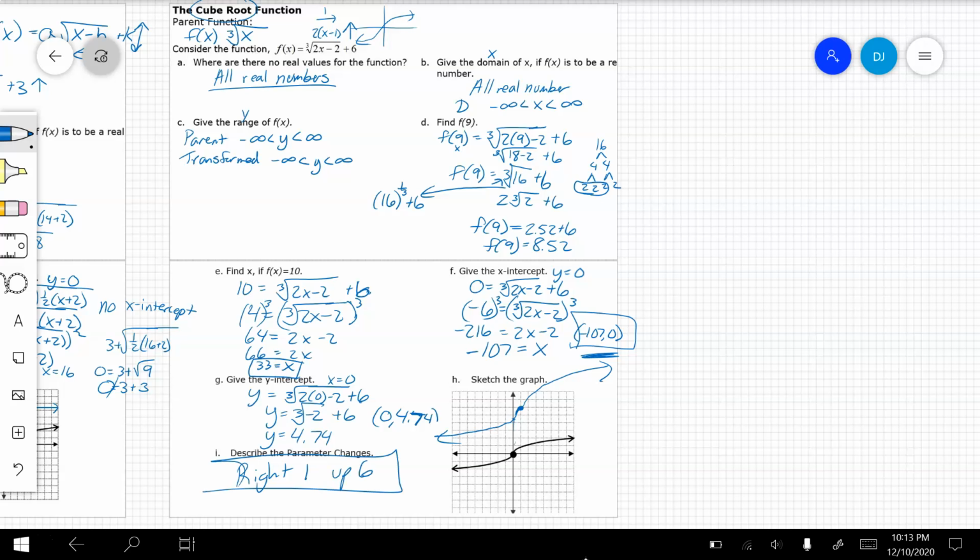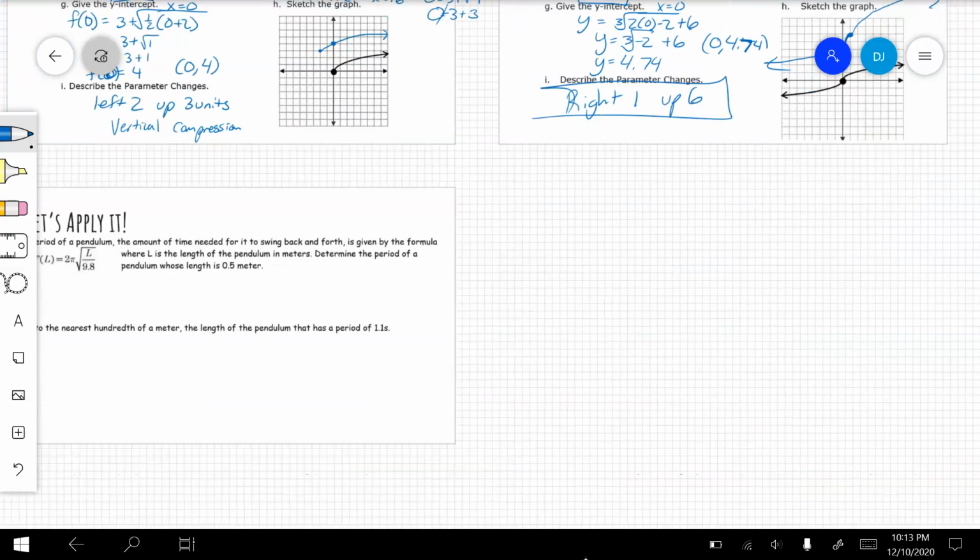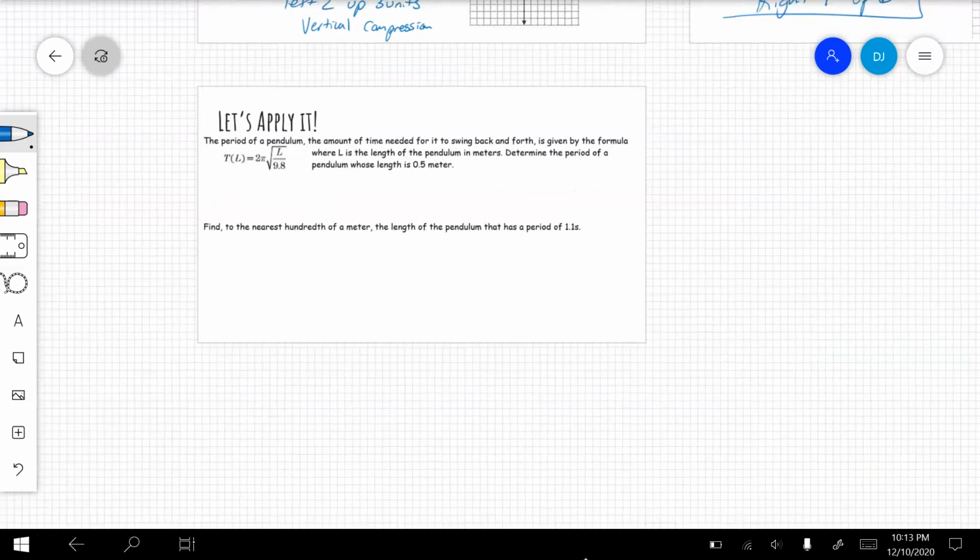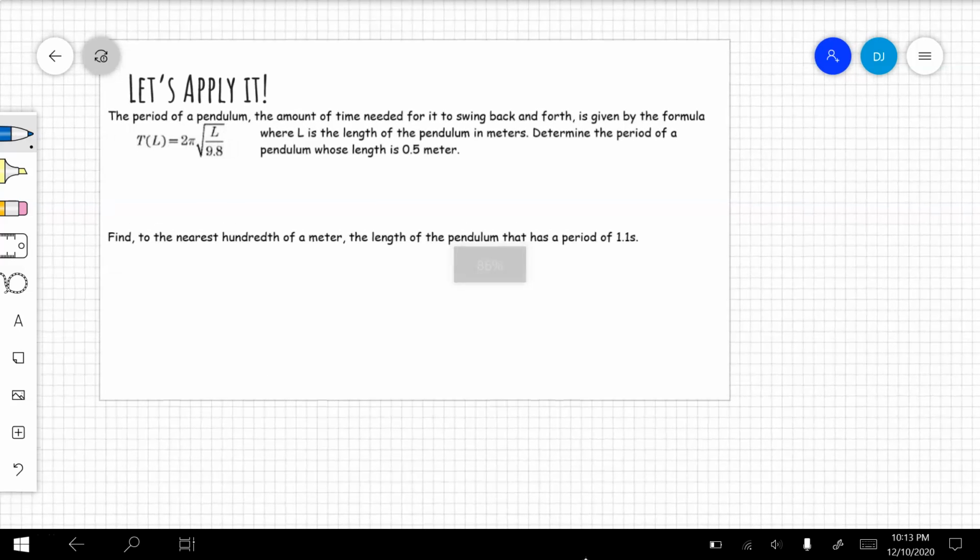Okay, so let's go ahead and take a look at our last apply it problem. We're going to apply what we know about irrational functions and solving irrational functions to the period of a pendulum.